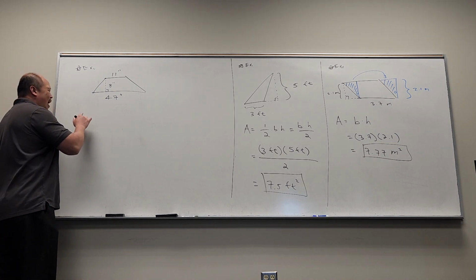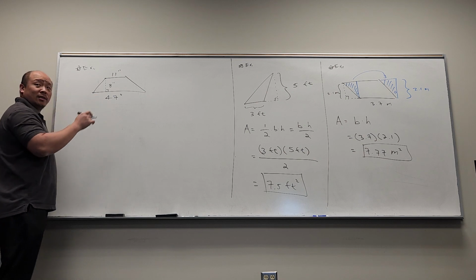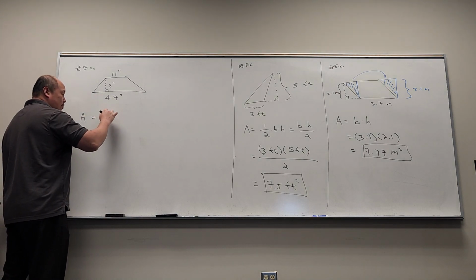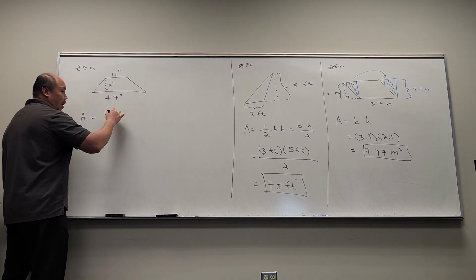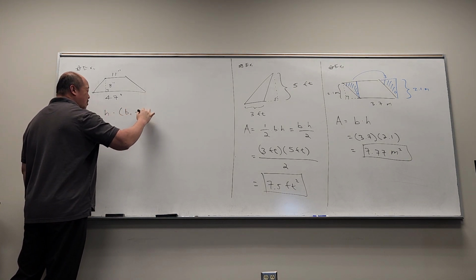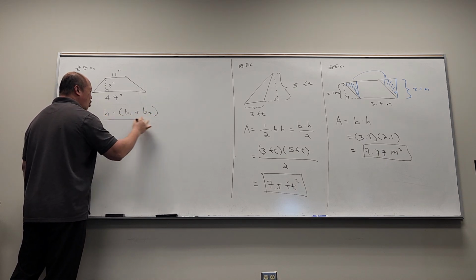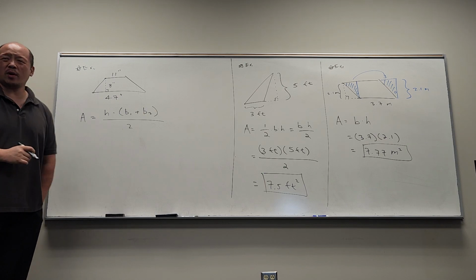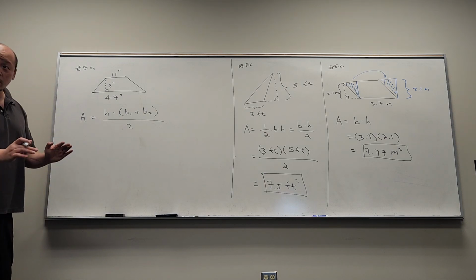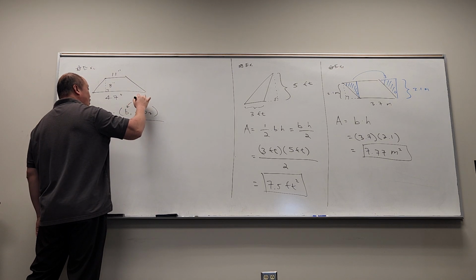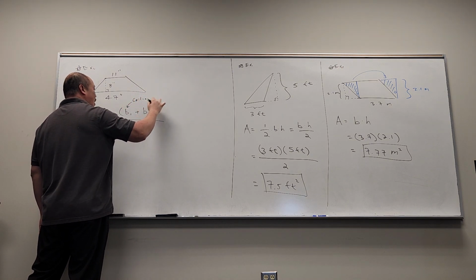So it turns out the area of a trapezoid like this is always gonna be the height multiplied by B1 plus B2, all over 2. And what's B1 and B2? It's just a fancy way for them to say this is the ceiling and this is the floor.